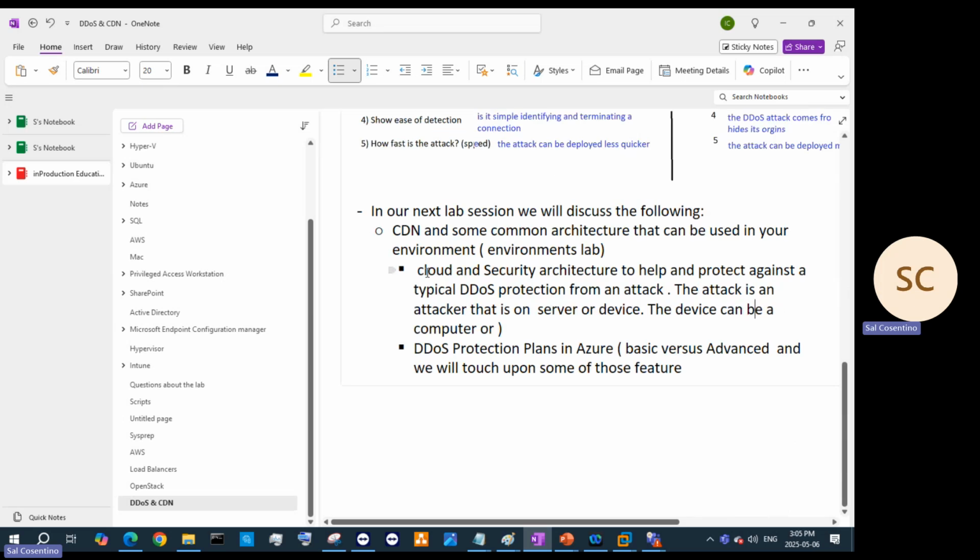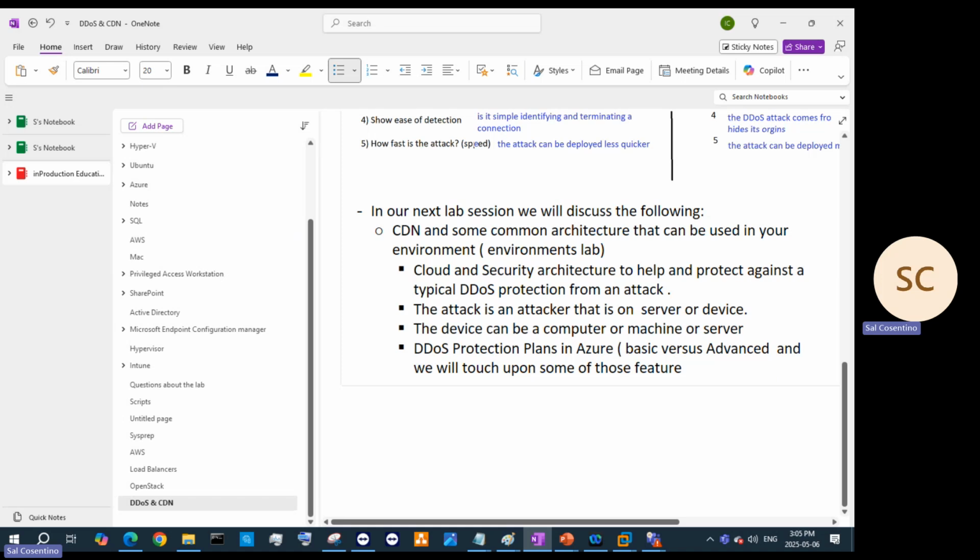So basically, we have the two different types of architectures and common architectures when we talk about protecting our cloud environments from DDoS attacks. We'll talk about how cloud and security architects can help protect against an attack, and the attacker is just on the device. These are some common terms that you should be able to understand. The device can be a computer, machine or server.